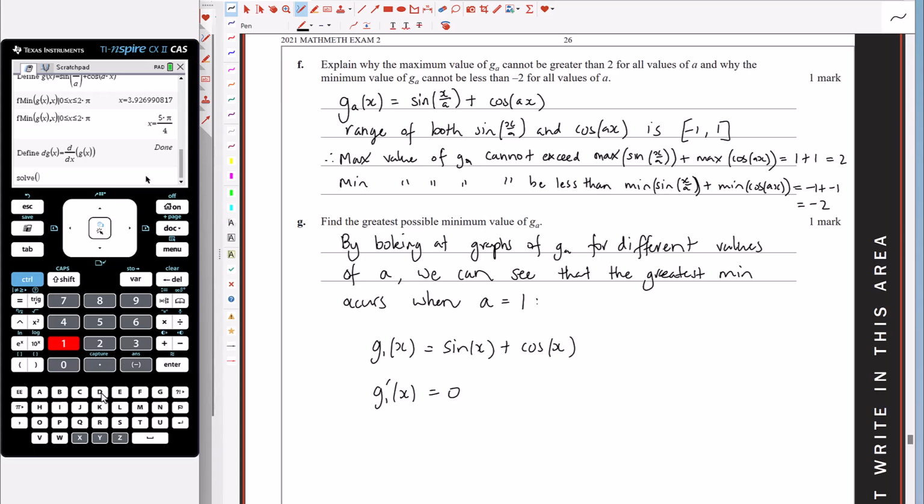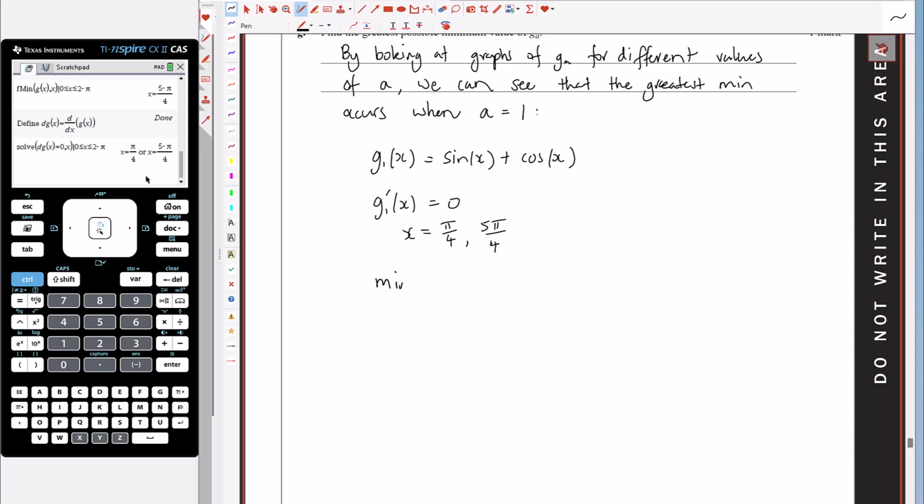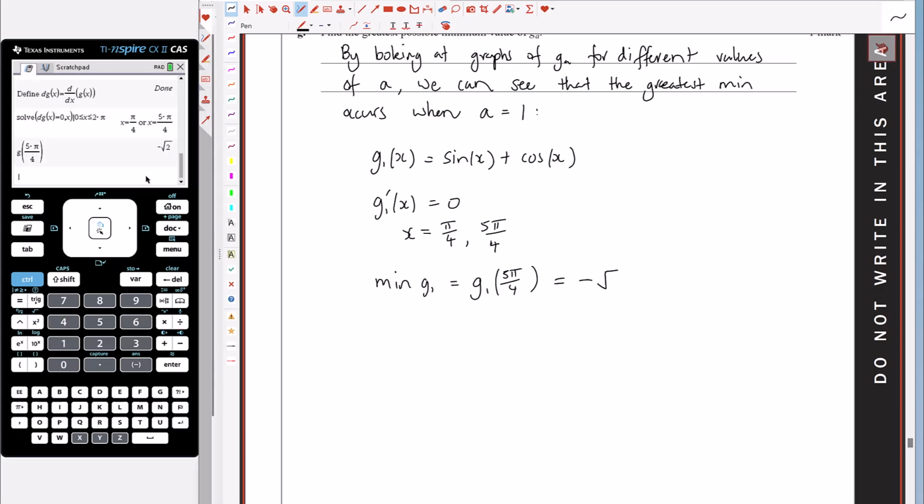Okay, and if we solved the derivative of g equal to 0 for x over 0 to 2 pi, it would give us x equals pi on 4 and 5 pi on 4, and the minimum of g1 equals g1 at 5 pi on 4, which is negative root 2.